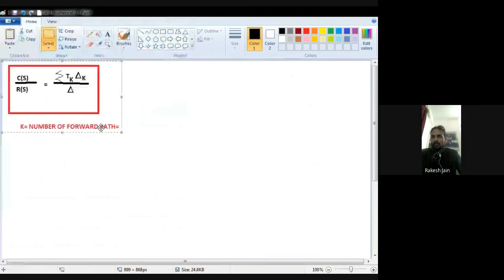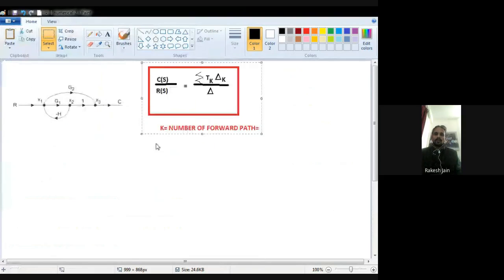So the first step is, first you should know the basic formula to find the transfer function of any signal flow graph using Mason's gain formula. And what is my formula? CS upon RS is equal to T1 del 1 plus up to Tk del k, upon del, where the value of k denotes the number of forward paths, and on the basis of that number of forward paths we convert the formula.